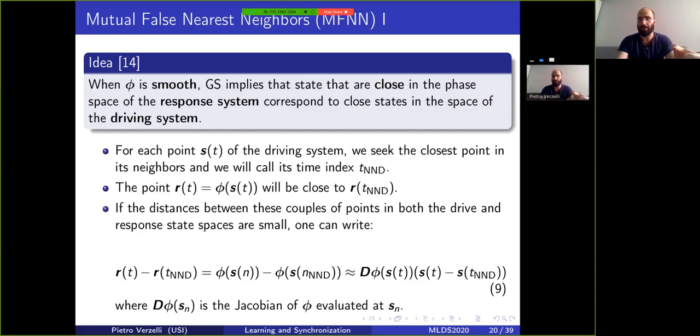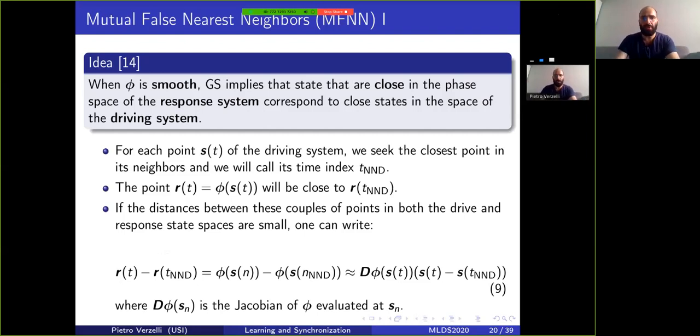So this function must map close states into close states. So what do we do? We take a point S of the source system in the driving system, and we seek the closest point in its neighborhood, which we call the time T_nn, nn standing for nearest neighbor, D because of the driver.